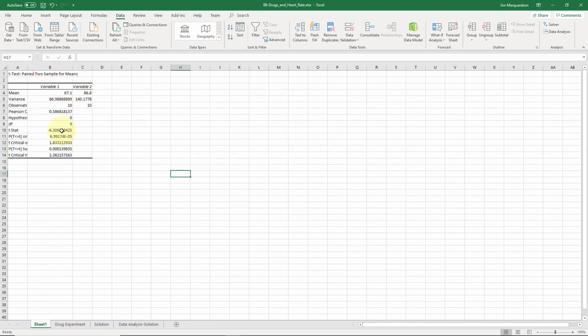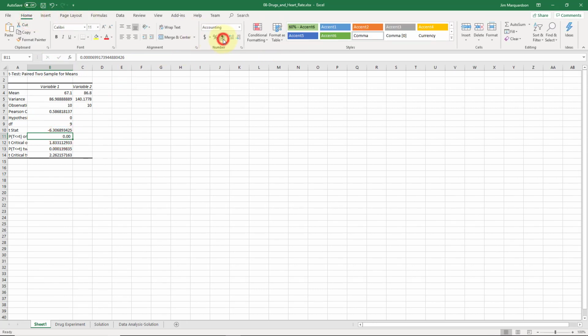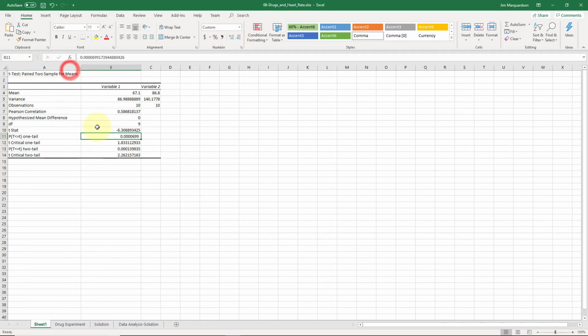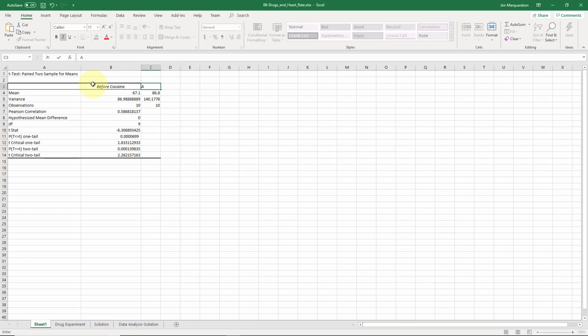So let's take a look. And it looks consistent with what we had before, with a little bit more data. So we can see the formatting is not awesome. So we can see before cocaine, goodness gracious, after cocaine.